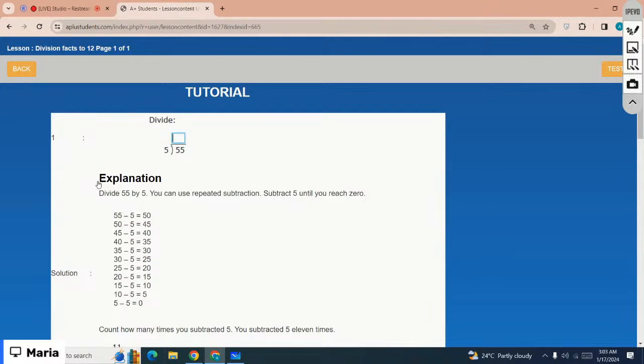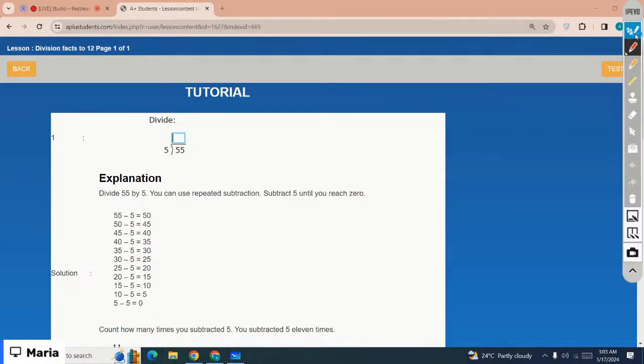Start with 55, subtract 5 every time, and keep going until you get the answer 0. 55 minus 5 is 50. Then keep subtracting until you get 0. Then you have to see how many times you have subtracted. You subtracted 5 11 times, right? So that means if you divide 55 by 5, the answer would be 11.